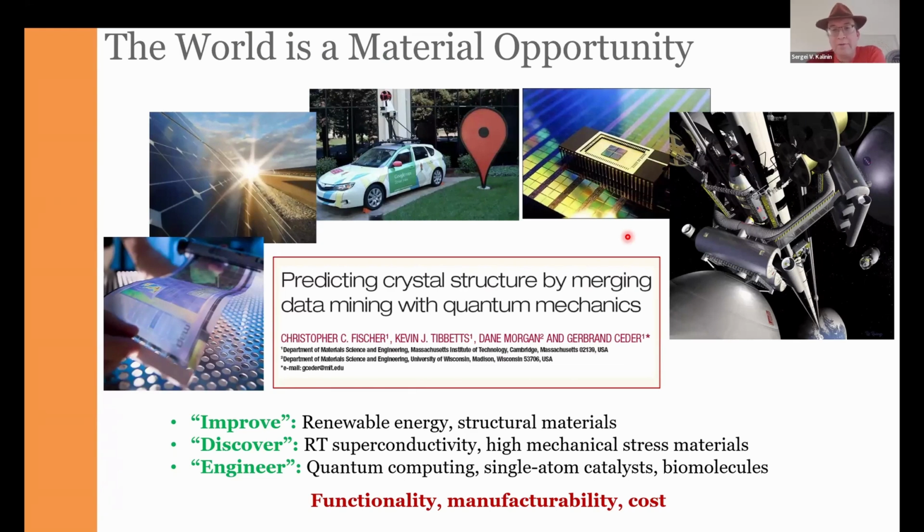All of you are familiar with this paper by Dane Morgan and Gerd Ceder, published almost exactly 20 years ago, in 2006, which combined high throughput computing and machine learning. The computers at that time were becoming powerful enough to calculate multiple material classes. If you have multiple predictions, you need to somehow sort through the results.